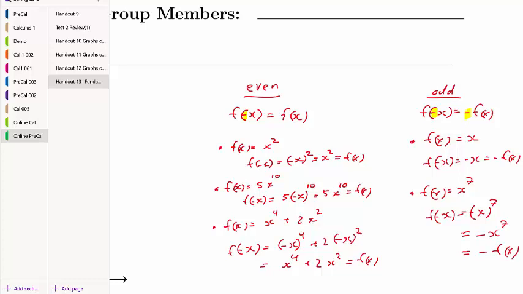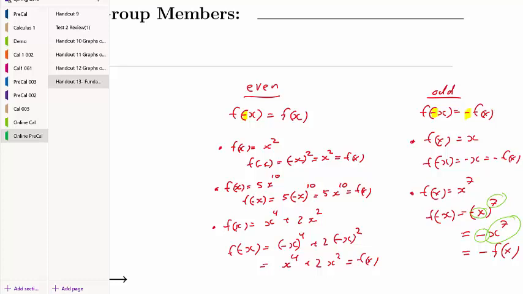So there we are. Remember order of operations. You evaluate the exponent first on this one, and then you apply the negative. Over here, first you take x and multiply it by negative, and then you apply the exponent.